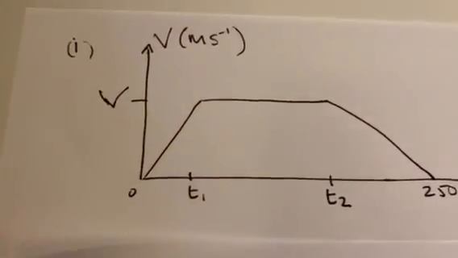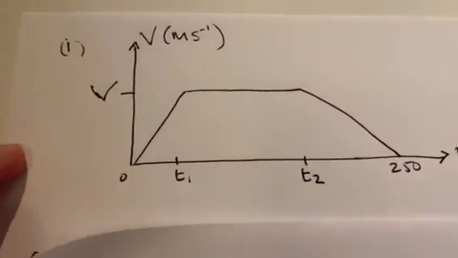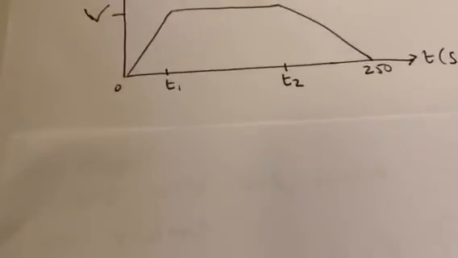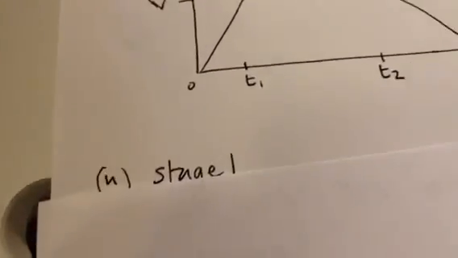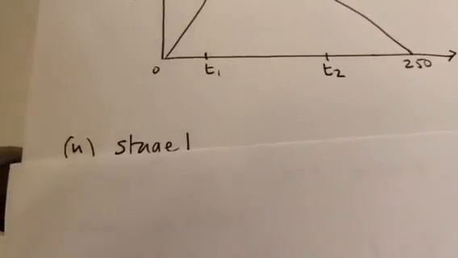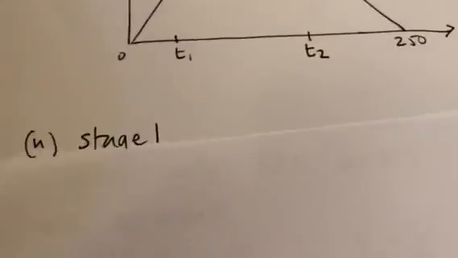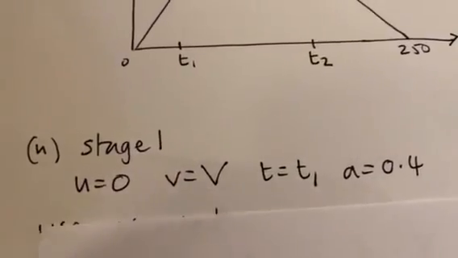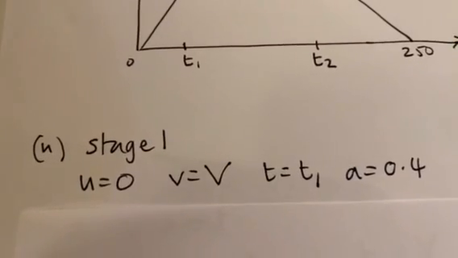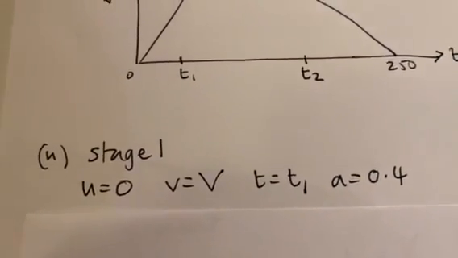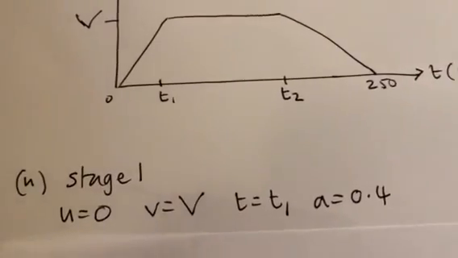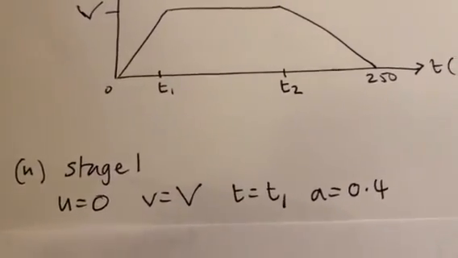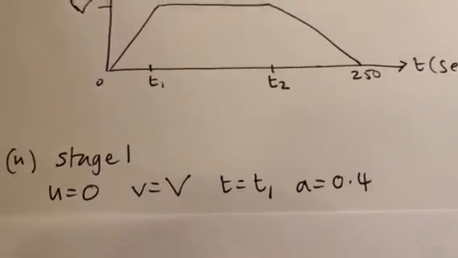Now, the information you then have is that the acceleration of the first stage is 0.4. So for stage 1, you're going to use the information you've been given. You know that your initial velocity u is 0, that the final velocity of stage 1 is capital V, I've chosen the time to be T1 and the acceleration is 0.4.